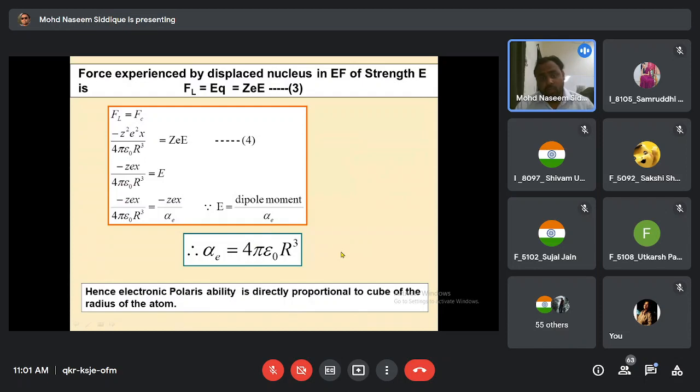You have to keep some relations in your mind; this is the main equation: the electronic polarizability is 4 pi epsilon naught R cube. If someone gives you the size of the atom, then you can easily determine the value of the electronic polarizability.